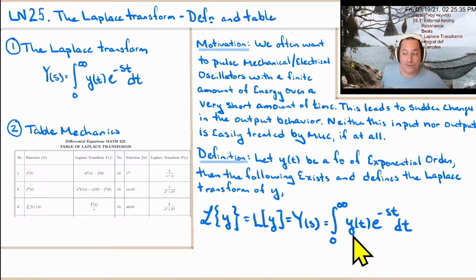And so when the function is represented in the t variable or the time domain, I'll give it a lowercase y. And then when it's done being transformed by this spectacular coordinate transformation defined by an integral, the new variable is capital Y, the new dependent variable, and then the new independent variable is little s. Okay?